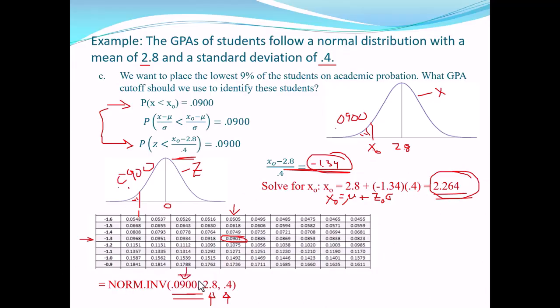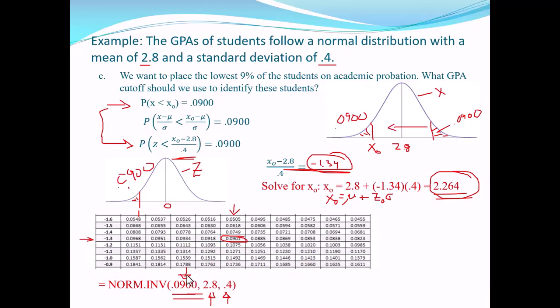If I ask for the upper 9%, if I want to identify the highest 9% of students and say, hey, you're doing a great job, think about the picture, right? It wouldn't be on the left-hand side, it'd be on the right-hand side up here. I'd have 9% in the upper tail. What would the probability be that I'd need to put in the normal inverse function? Well, the normal inverse function is always working with cumulative probability. So if I was looking for the upper 9%, I wouldn't put 0.09 in as the probability.